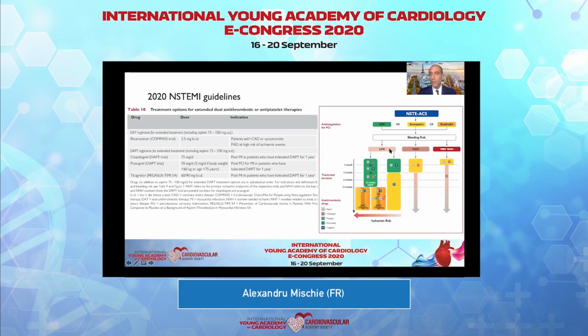What I forgot to mention is that for the low bleeding risk patients, we can do ticagrelor alone. We can introduce this measure starting at 3 months following a double antiplatelet treatment. So we can have also ticagrelor in monotherapy.